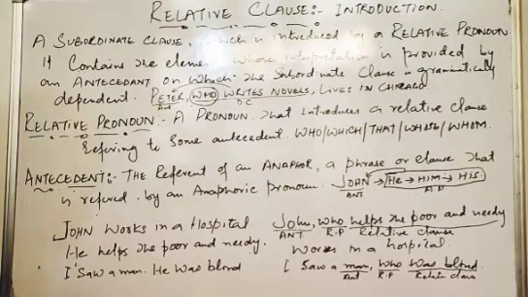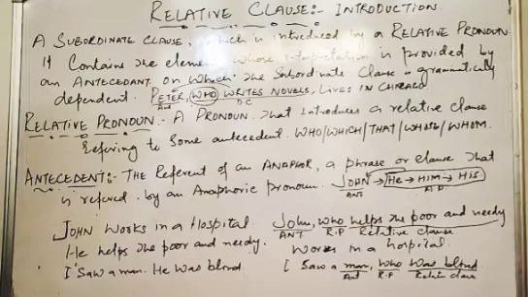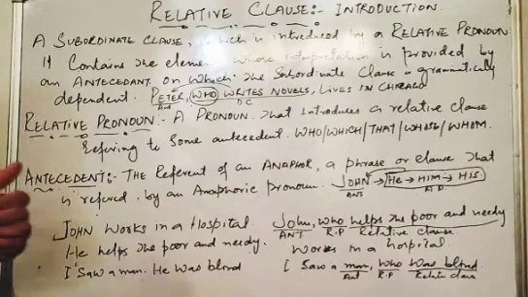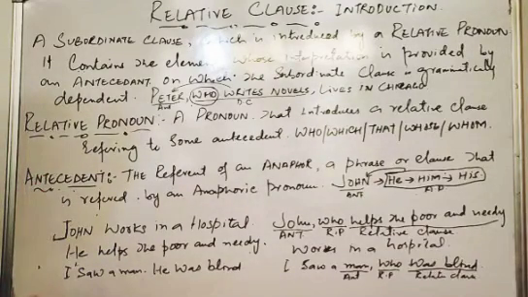Predecessor is something that comes before. You might have learned about predecessors, successors. In the language of history, we say ancestors. Like my parents are my ancestors, my predecessors as well. So antecedent is basically a predecessor.